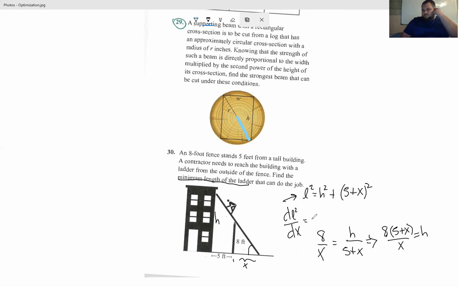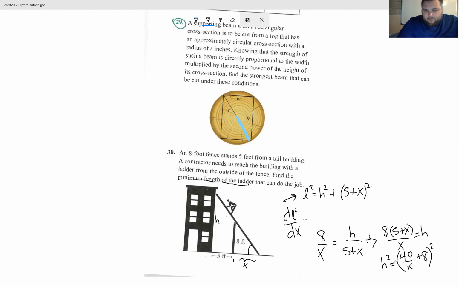Hold on, let me think about that. Yeah, that's right, because we're going to plug h in. So h has this relationship with x, right? So h squared, I was jumping the gun. Let's see, how do I want to write this? Let's write it as 40 over x plus 8, squared, because it's h squared.